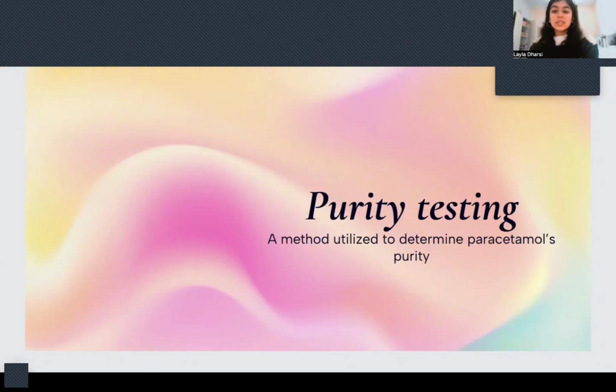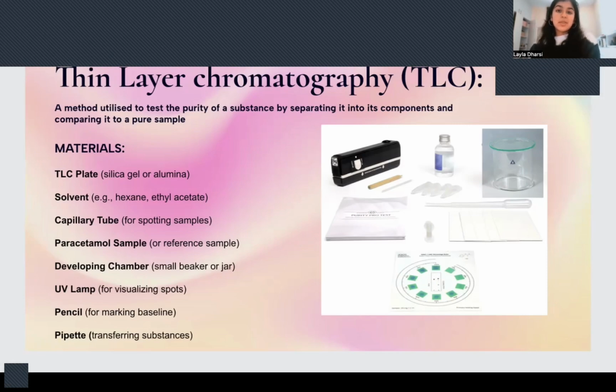Now for purity testing. The purity testing method that I had chosen was thin layer chromatography, which is a method used to test the purity of a substance by separating it into its components, comparing it to a pure sample.